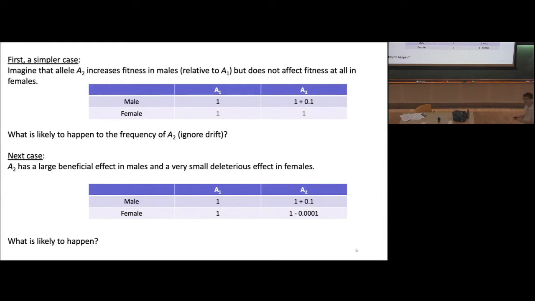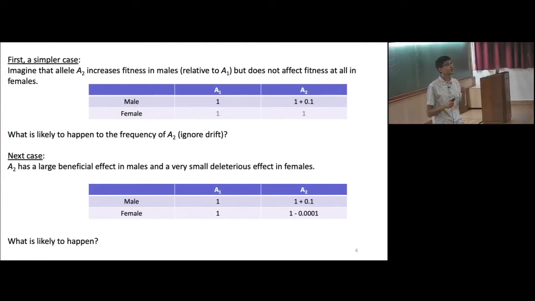Here's another almost analogous example. If I had an allele that increased female fecundity by a large amount and caused a very small decrease in female survivorship, you would probably all easily agree that that kind of allele would be net beneficial and spread to fixation.